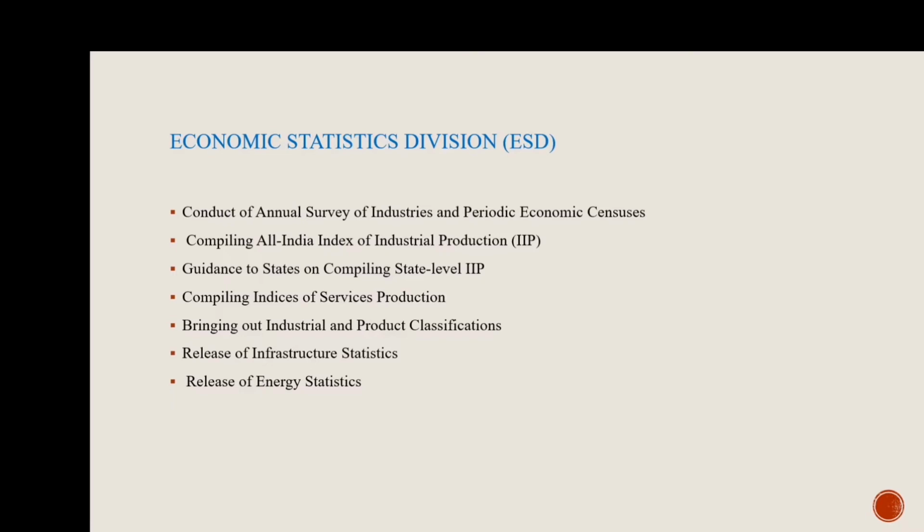It includes compiling the All India Index of Industrial Production, popularly known as IIP, guidance to states on compiling state-level IIPs, compiling indices of service production, bringing out industrial and product classifications, release of infrastructure statistics, and release of energy statistics.